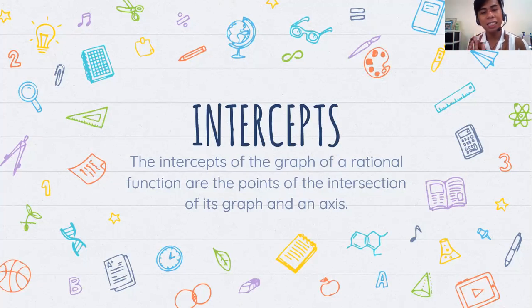Okay? So yung axis natin in Cartesian plane, we have the x-axis and the y-axis. Kapag yung ating graph ay tumama dun sa mga axis na yon, that is what we call the intercept.